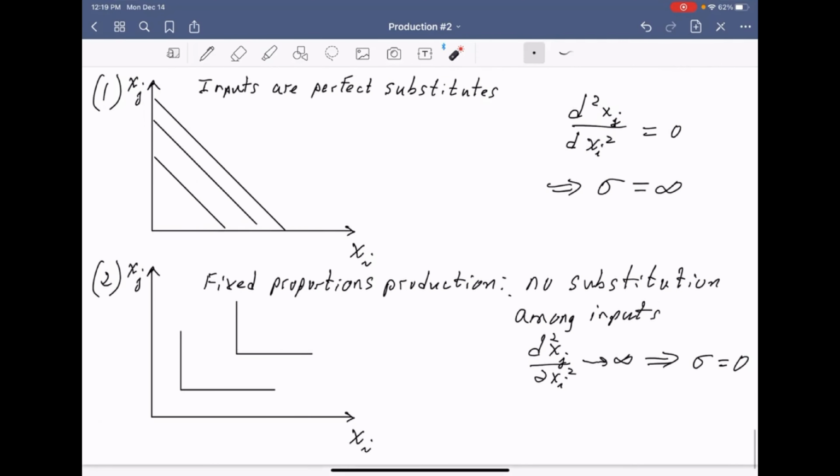And if it's fixed proportions production, there's no substitution among inputs, so that the slope is infinity, the derivative of the slope is infinite, and then the elasticity of substitution is 0.